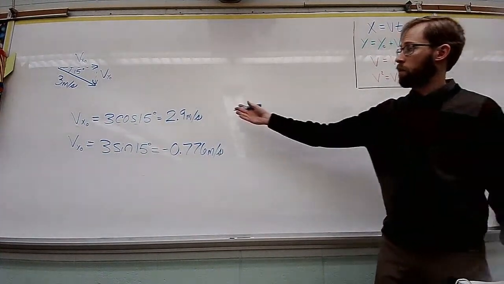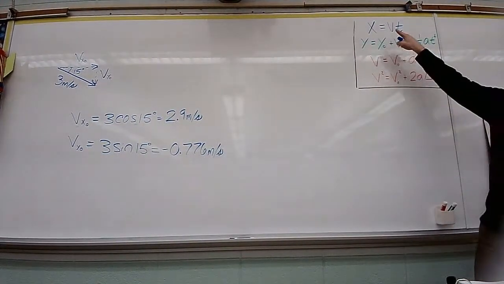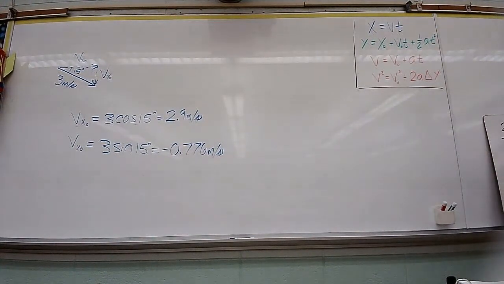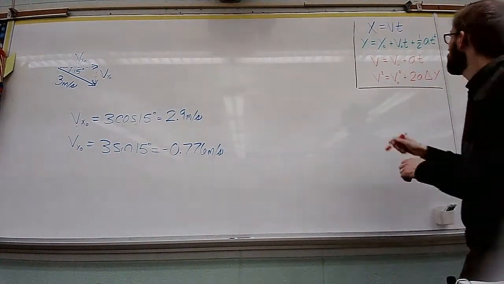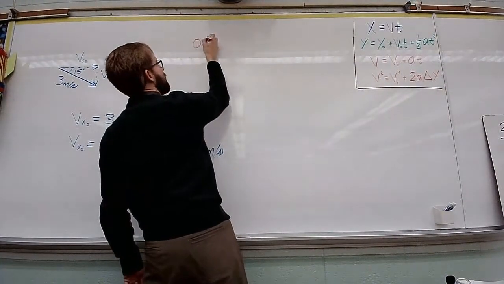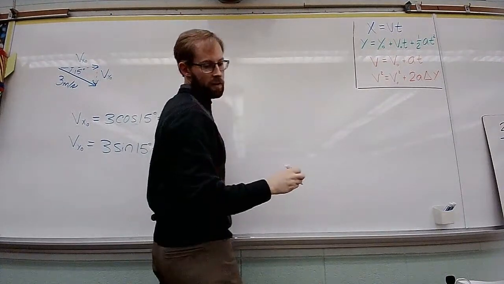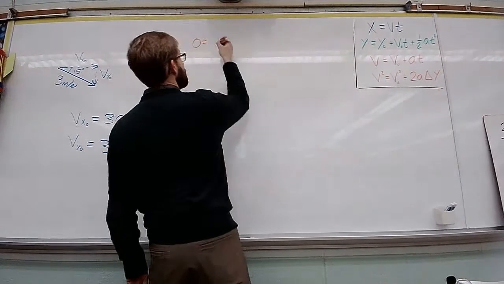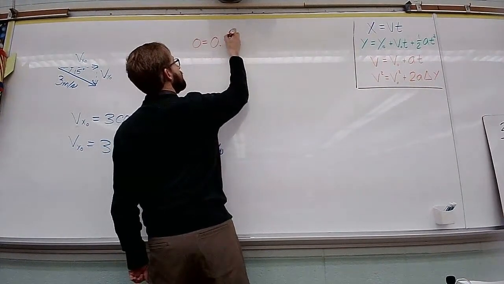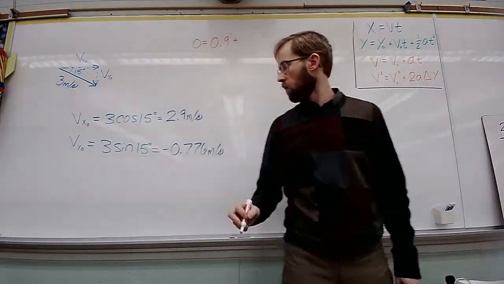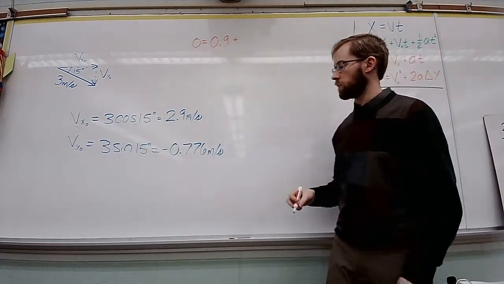So we've got our horizontal speed. That's going to go here. Now we've got to solve for time. And we'll do that the same way we solved for it before. We use this y equation. Final height is 0. Original height, that is going to be 0.9 in this case. Original velocity in the y direction, that is negative 0.776.